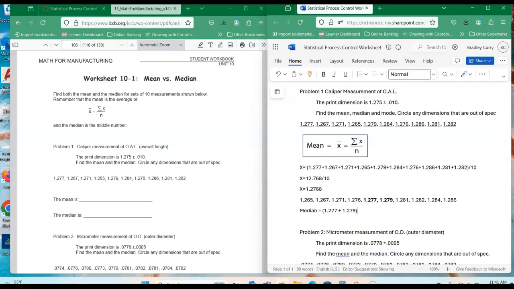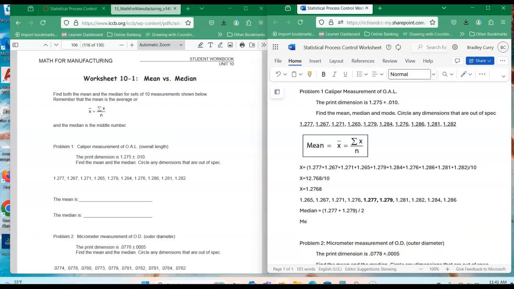We'll go ahead and close the parentheses off and divide that by 2. So when we calculate this out, we realize that the median will equal 1.278. So the median here is 1.278.